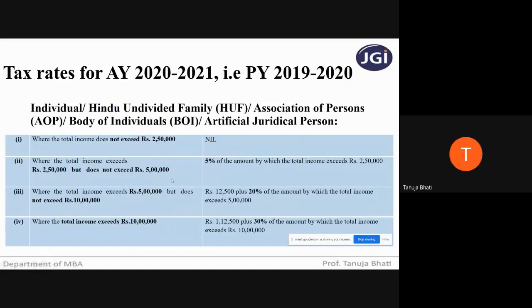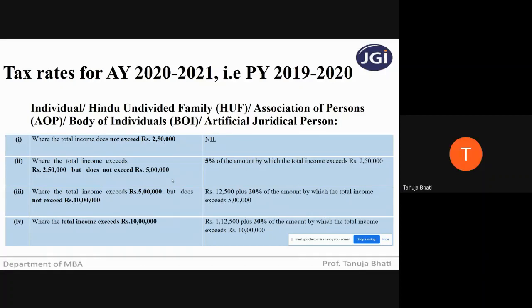Ma'am, is it 5 lakh or 2,50,000 from the 2019 income? For the previous year 1920, these are the rates. I am asking whether 2,50,000 or 5 lakh is the limit of zero taxation.